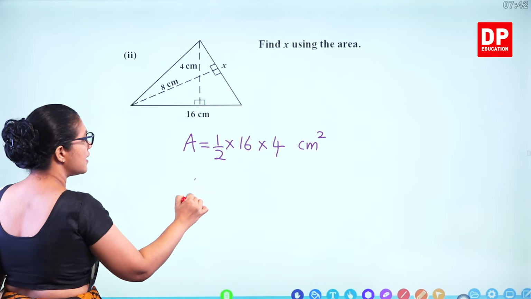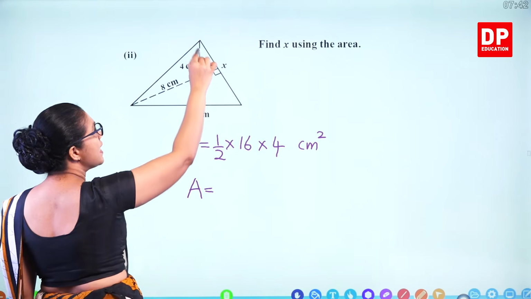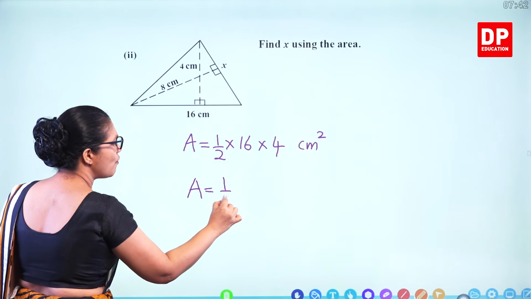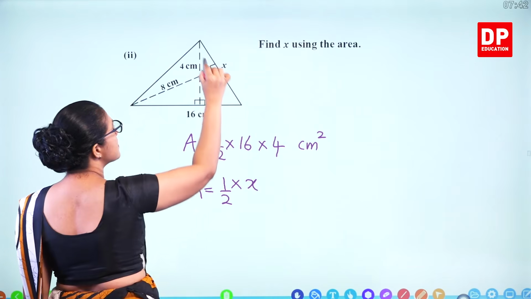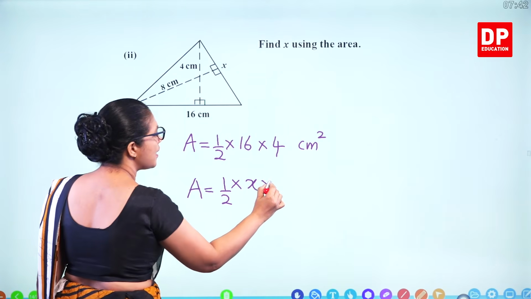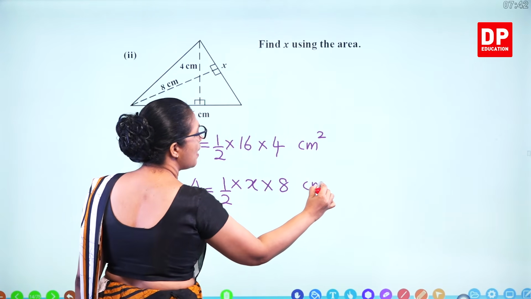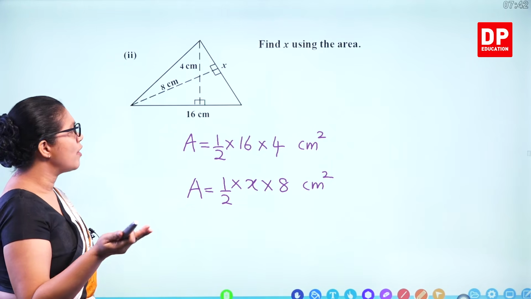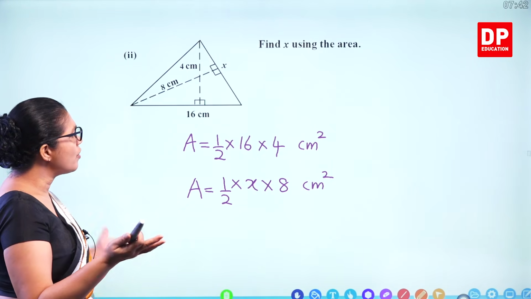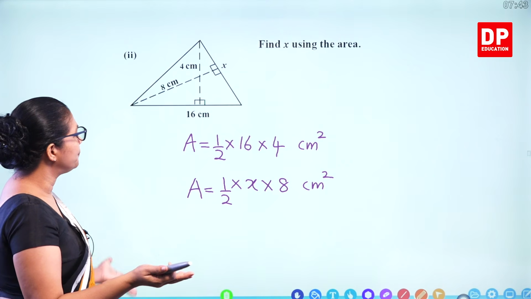If you take area as base length x, how we find out the area? Half times base length x into perpendicular height becomes 8. But this is the same triangle. So areas are equal. So you can equate these two.